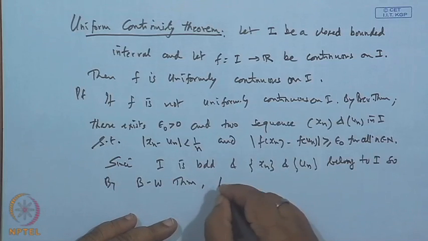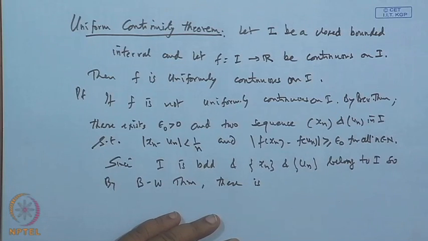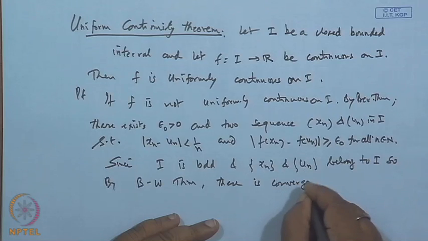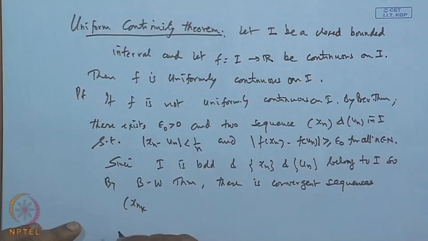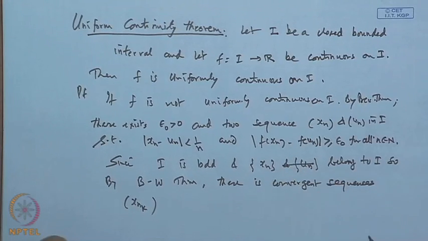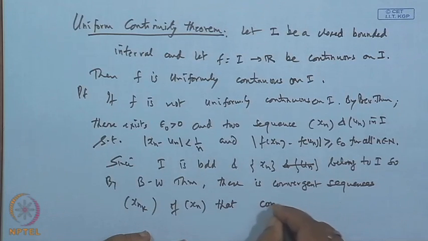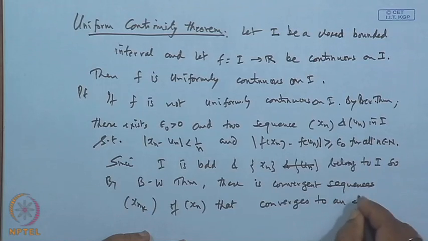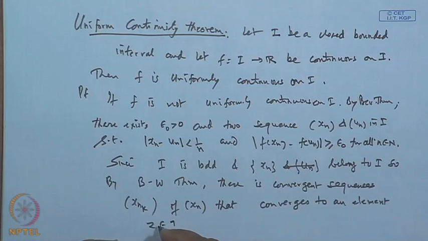So there is a convergent subsequence x n k of x n that converges to an element, say z, belonging to I.